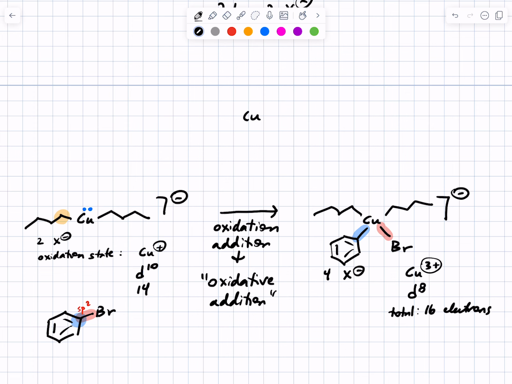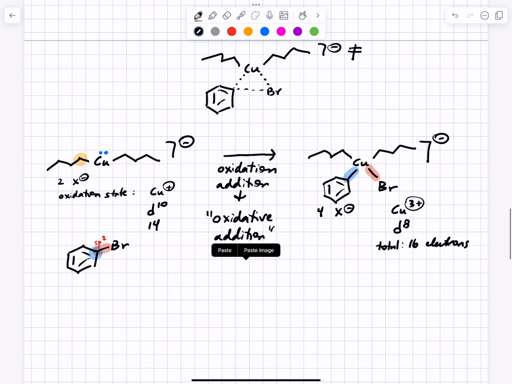It involves three things happening at once. Metal ligand bonds being formed at the same time as the carbon-bromine bond is breaking. So that would sort of be the transition state, which I'll put the double dagger on. Okay, that's an oxidative addition.